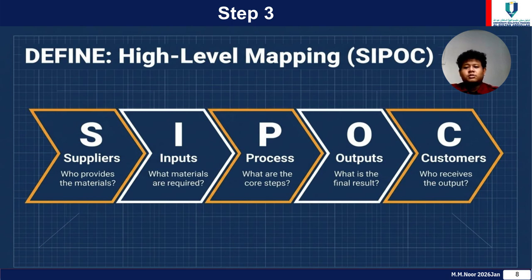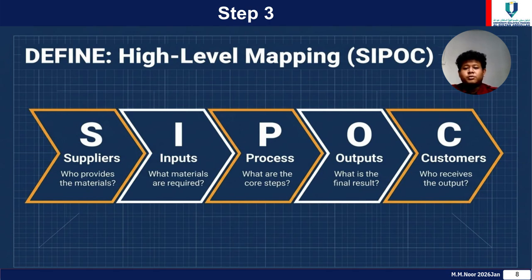To close out the define phase, step 3 requires us to map the entire operational ecosystem using a high-level SIPOC diagram. This acronym stands for suppliers, inputs, process, outputs, and customers.